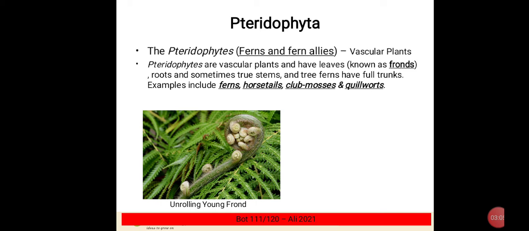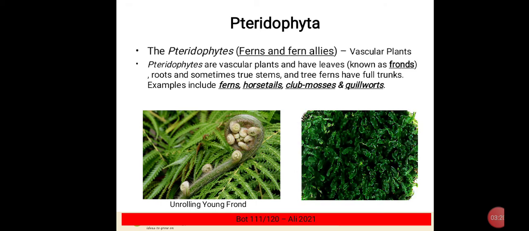These are not seeds, but structures we call sori, plural, and sorus in singular. Now these are young rolling fronds. We also have the liverwort here. We say that's another example of the pteridophytes. The first diagram here shows a young unrolling frond, and the other one is a liverwort, which is a fern ally.